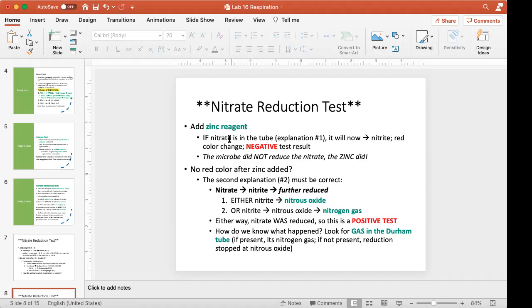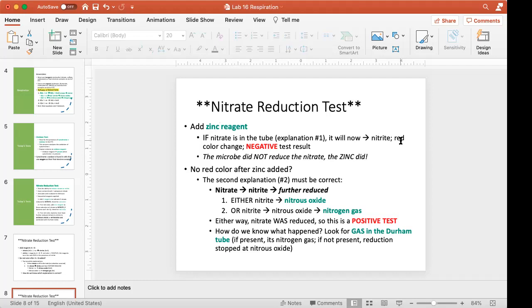If nitrate is still in the tube, and that would be explanation 1, that the organism was unable to reduce nitrate, it will now become nitrite because zinc can reduce nitrate to nitrite. If nitrate is still in that tube, because the bacterium was unable to reduce it, the zinc will reduce it.